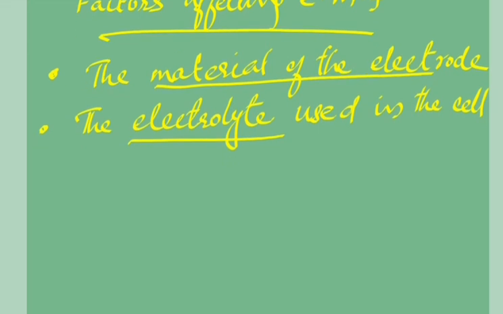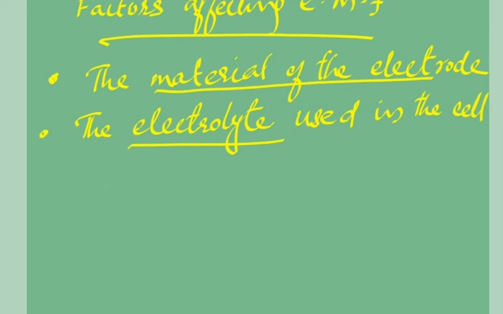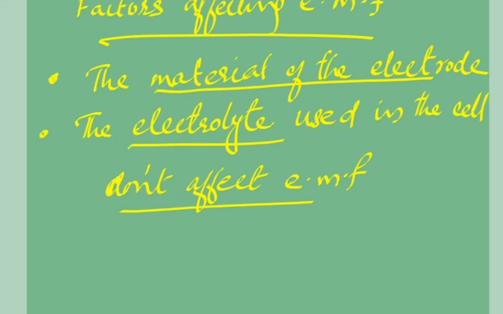Now the factors that do not affect. There are certain factors that don't affect the EMF. Let us see those factors also. One important factor that won't affect the EMF is the shape of the electrode. Whatever be the shape of the electrode, it can be cylindrical in shape, it can be cuboid in shape, the EMF won't be affected.